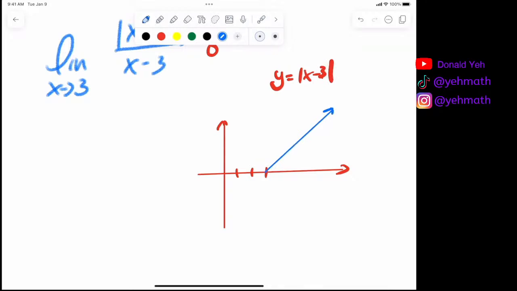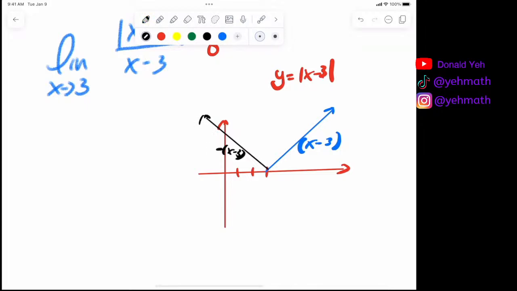You're shifting right 3 units. So this part of the function is called x minus 3. Remember that the definition of absolute value can be written in two different ways. The second way is this way. It's going to be black, and this one's negative x minus 3. So if you do that, you change the absolute value to this.